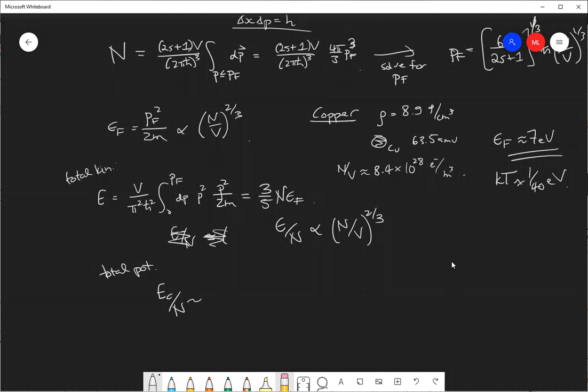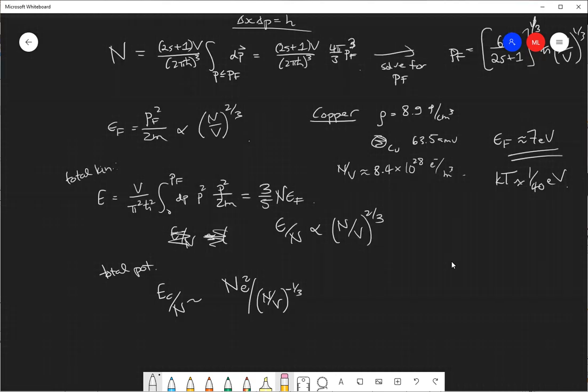Well, there are N particles, and each one is going to interact with a potential e squared over r, where r is the separation between the electrons, and the separation must be just the density N over V raised to the minus 1/3 power. That'll give us a length scale corresponding to that density, right?